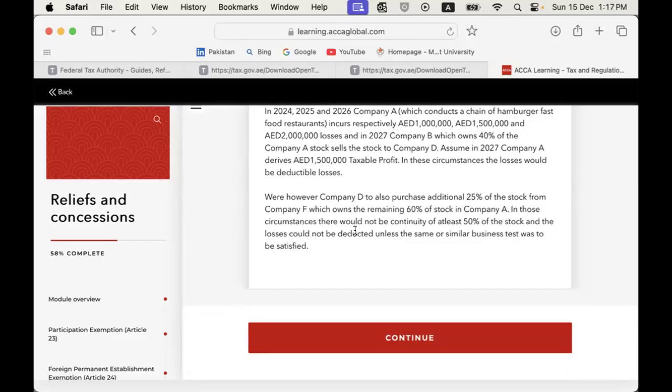In those circumstances, there would not be continuity with at least 50% of the stock, and the losses could not be deducted unless the same or similar business test was to be satisfied. So there is a major change in the capital structure of the company basically. So if that happens, ordinarily this loss transfer will not be allowed until it can be proven that the same or similar business activity was being considered or was being carried out.